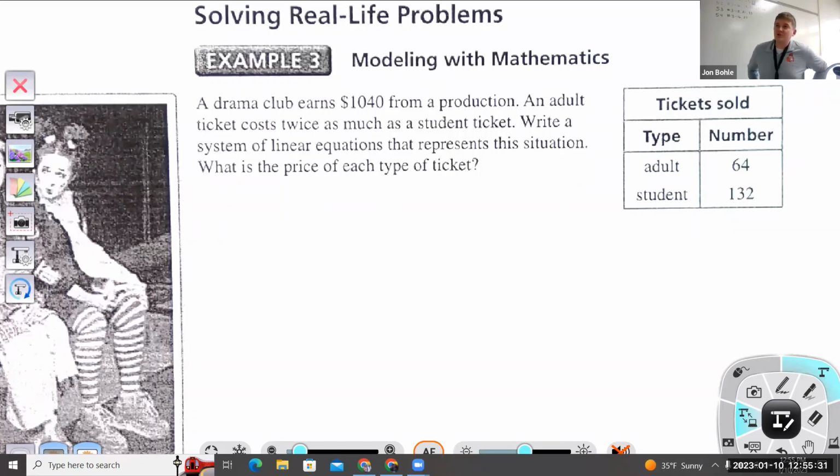Okay. So a drama club earns $1,040 from a production. An adult ticket costs twice as much as a student ticket. Okay, write a system of linear equations that represents this situation. And then what is the price of each ticket?